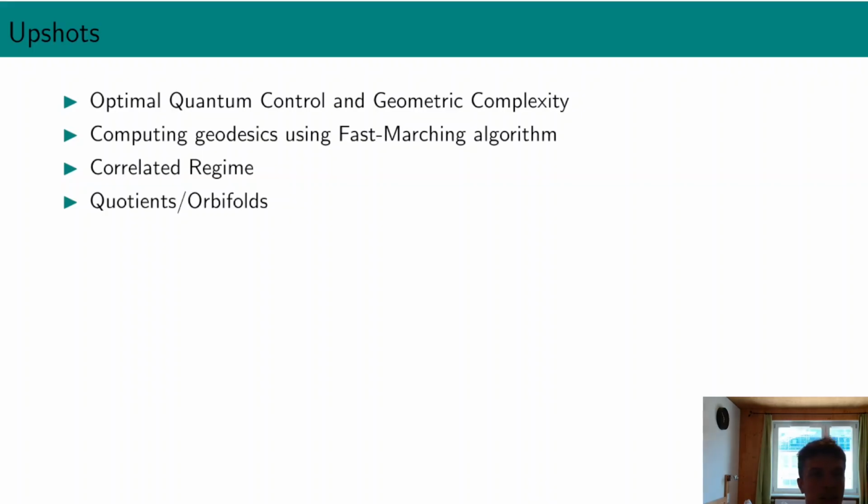Okay, how can we go on? How can we improve? So, first, our research is related to optimal quantum control and geometric complexity. This term geometric complexity comes from research by Michael Nielsen on the circuit model of quantum computing, but it's now extended to also measurement-based quantum computing.